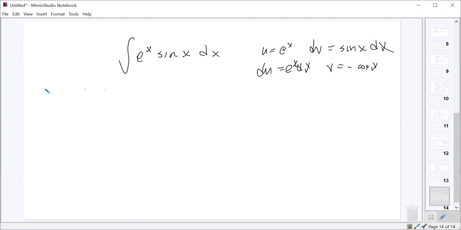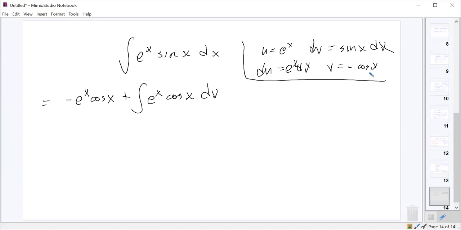So our formula says the integral of e to the x sine x dx ought to be negative e to the x cosine x, that's the uv, minus our integral of v du, so that's going to be minus negative cosine x times e to the x, so we're going to make that a positive, e to the x cosine x dx. And so then we will just go down and, since this is clearly an integral that requires integration by parts, we'll do the same thing.